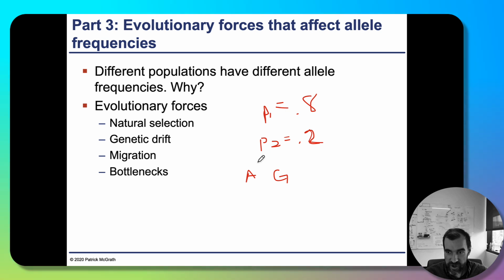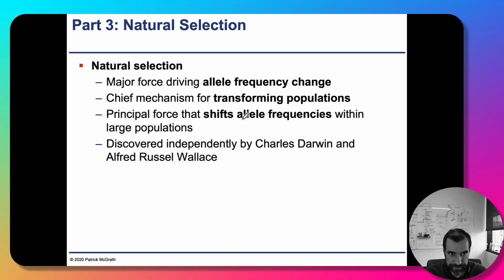So when these mutations occurred, did this one occur 50,000 years ago while this one occurred 200,000 years ago? Those can have very profound effects on the allele frequency, but then there are also evolutionary forces that are responsible for changing them. So natural selection, genetic drift, migration, and bottlenecks are the four evolutionary forces we're going to cover.